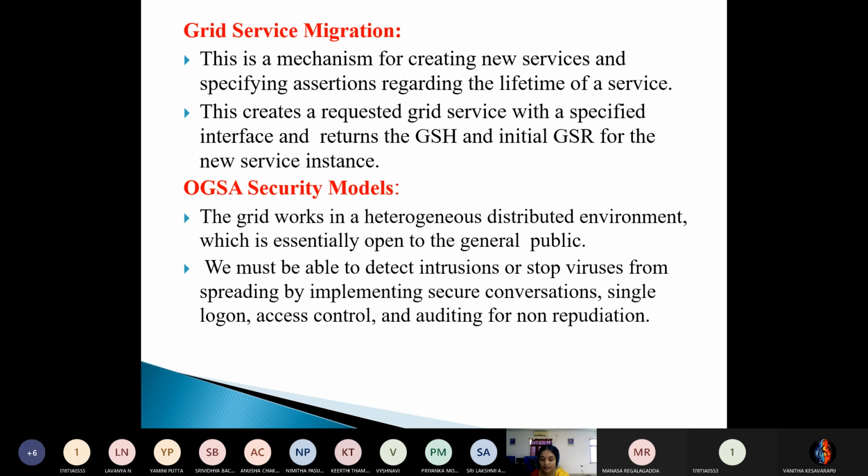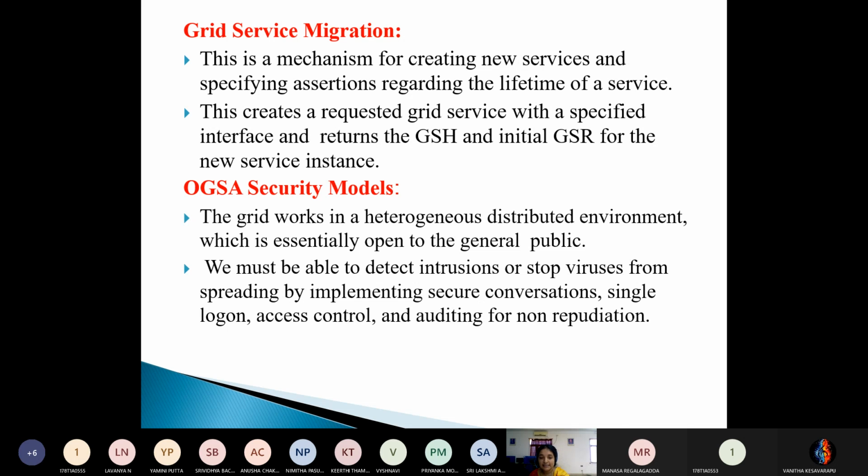In this OGSA model, it defines a standard interface known as the factory. To implement this, any service that is created must address the former service as the reference of the later service. Each dynamically created grid service instance has a specified lifetime. So this is called grid service migration.